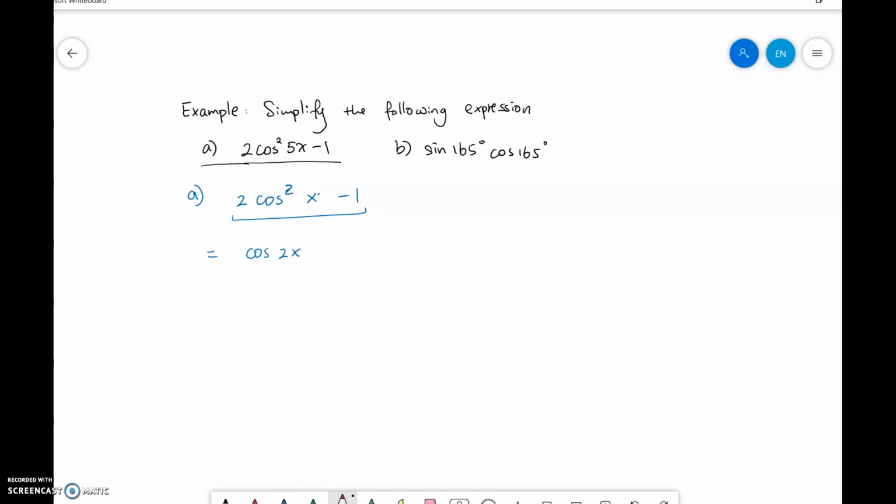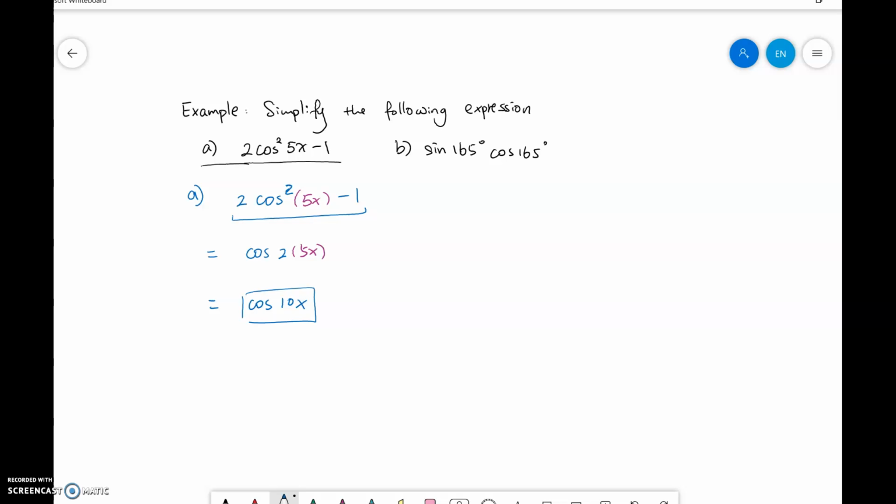But the only difference is before it was x, now it is 5x. So that means the final answer we got is cosine of 10x.